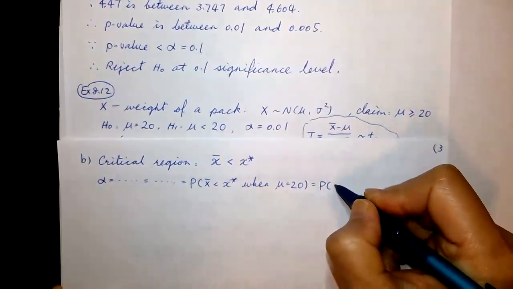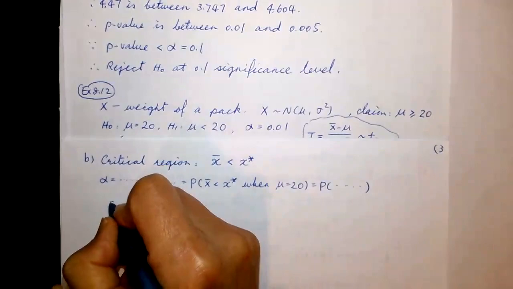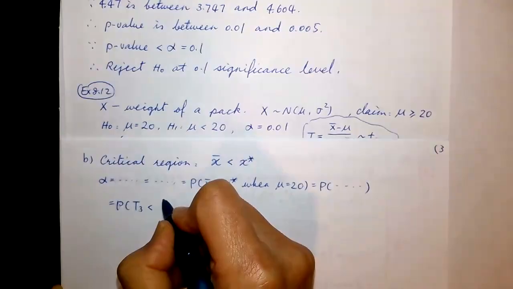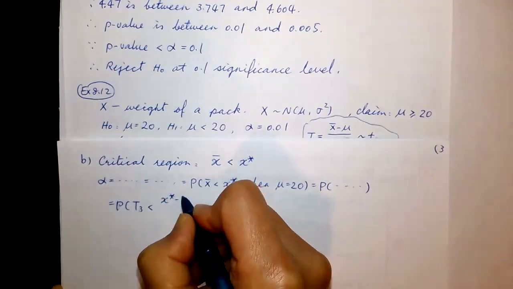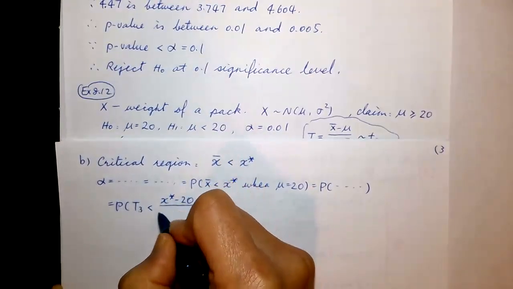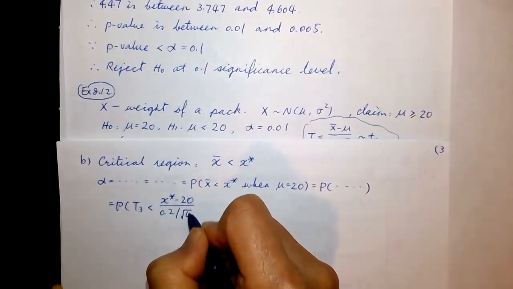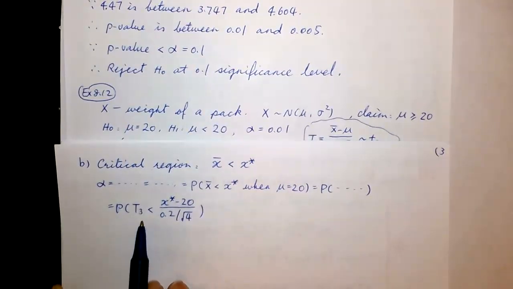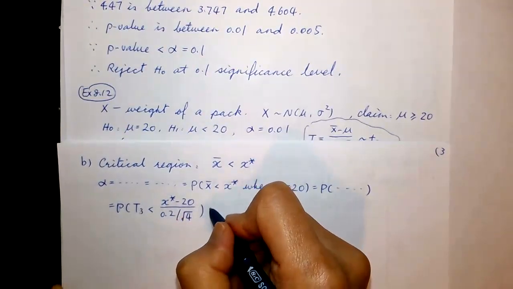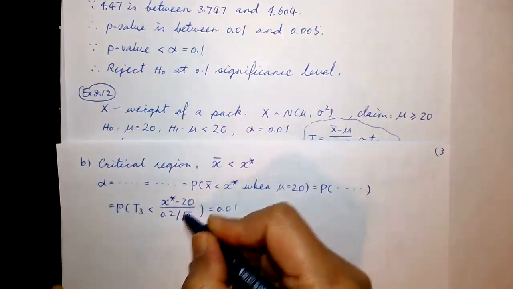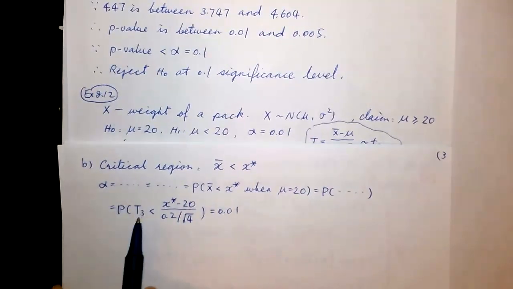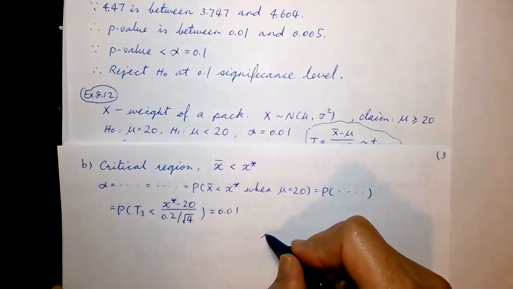Instead of X bar, you show the T. I want to show you how the other side would look after substitution. When everything is done, you get to this step, and this would be the last step before you pull it out of the probability. Alpha is this, the probability for T to be less than something.